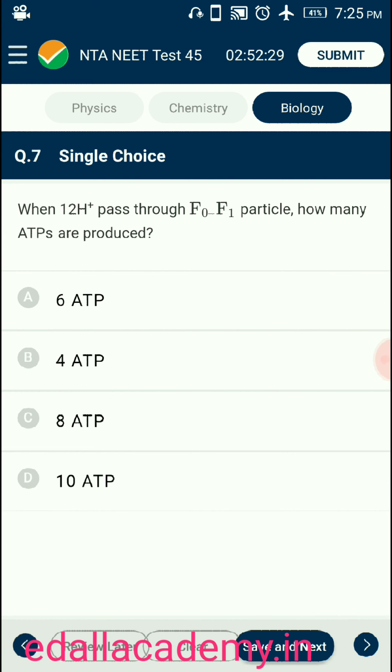For each ATP produced, two protons pass through F0 from the intermembrane space to the matrix down the electrochemical proton gradient. So the answer for this question is option A. When 12 H plus pass through F0 to F1 particle, 6 ATP molecules are produced.